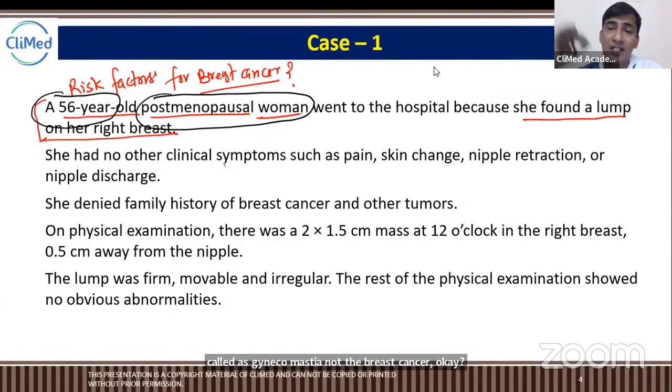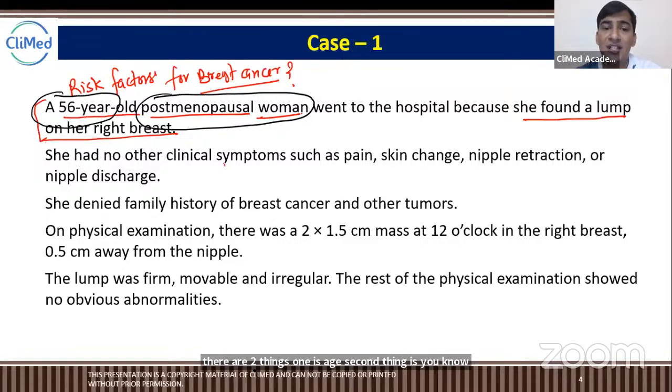So gender is a very generalized thing here. Gender is not the risk factor, because breast cancer means only the women, right? So in the first line, there are two things. One is age, the second is menopausal women, as you guys have written very nicely.